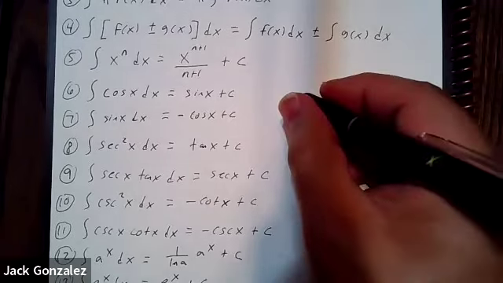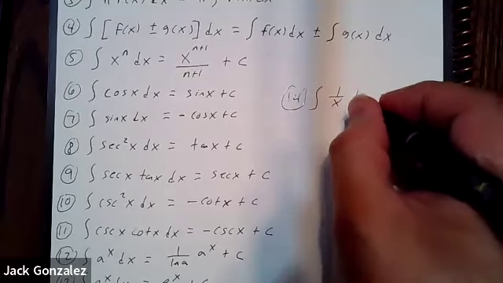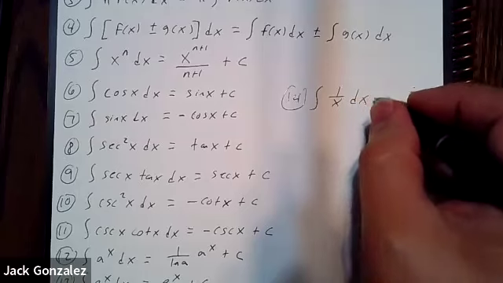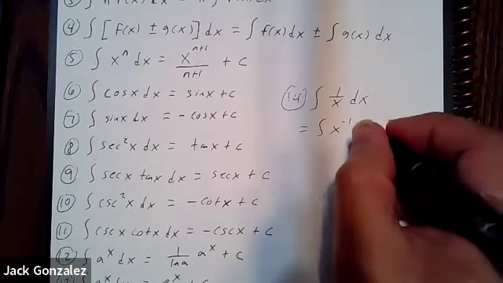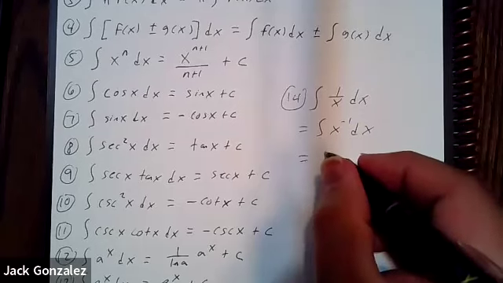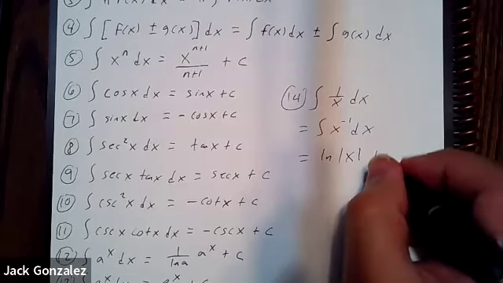And last one, we'll put it up here, I guess. Integral of 1 over x dx, which is the same as integral of x to the negative 1, is ln of x plus c.